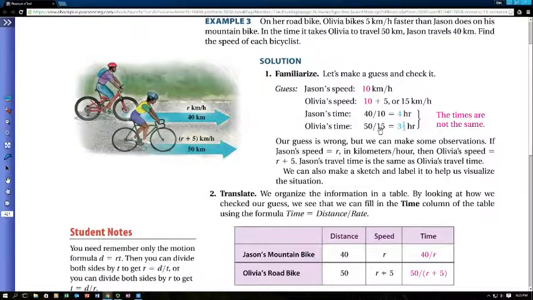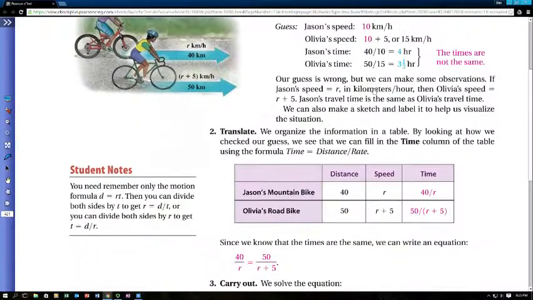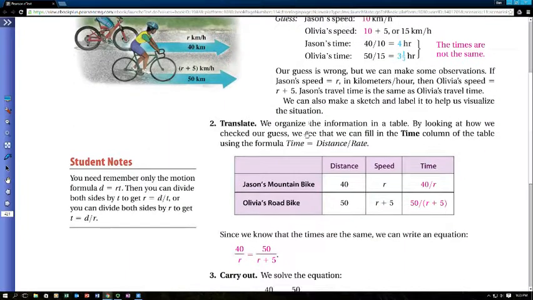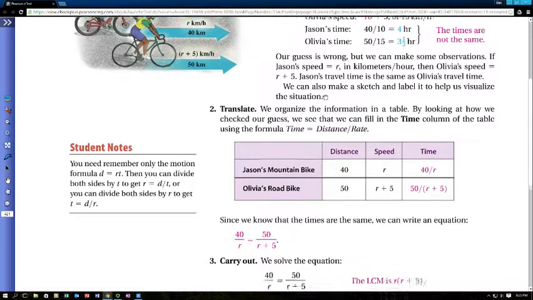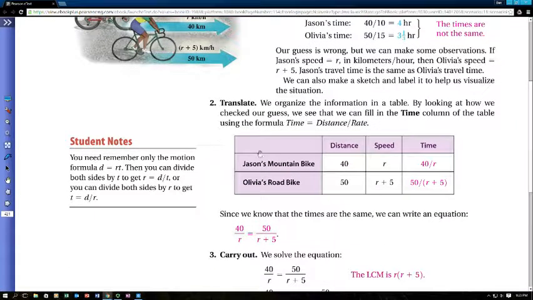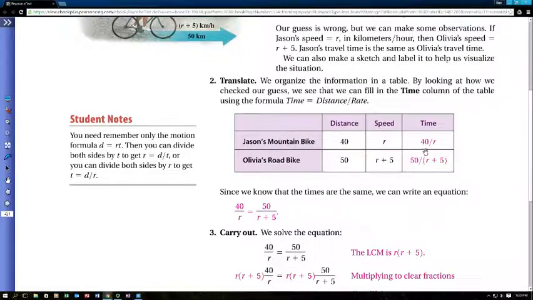So they start setting up the expressions that represent these different people. Organizing it, very good idea again. So here's Jason's mountain bike. He goes 40 kilometers at this certain rate, so the time would be the distance divided by rate, or 40 over r.